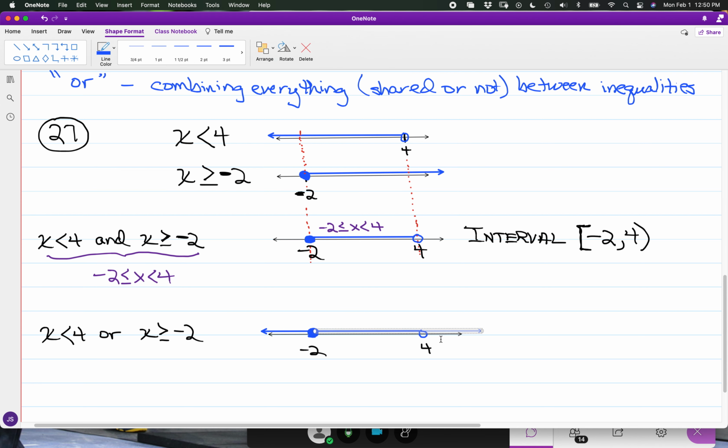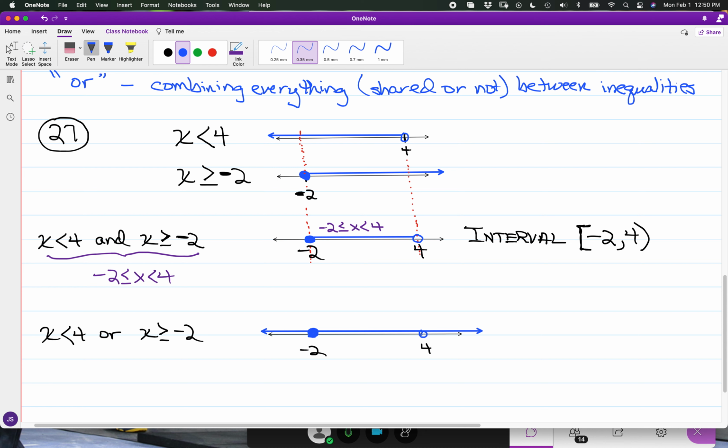That's going to run through 4, and 4 is going to wind up being included in the mix. And we have it going endlessly, not end to end, but between negative and positive infinity.